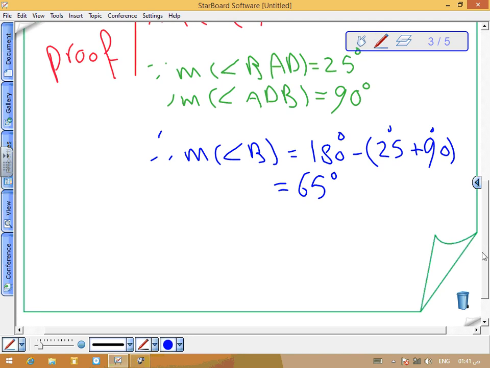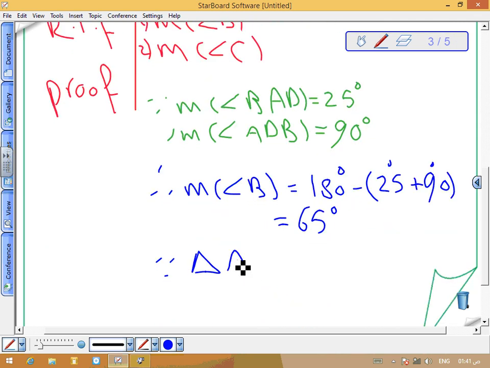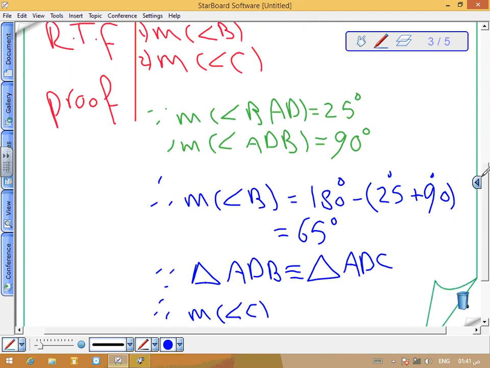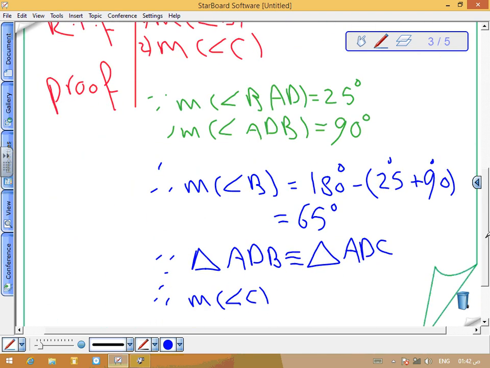Since triangle ADB is congruent to triangle ADC, therefore measure of angle C, this required number 2, equals measure of angle B, which is corresponding to it.